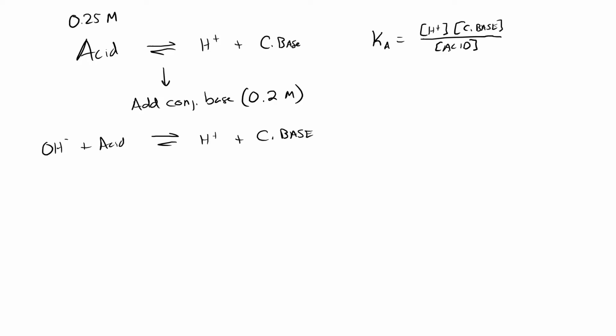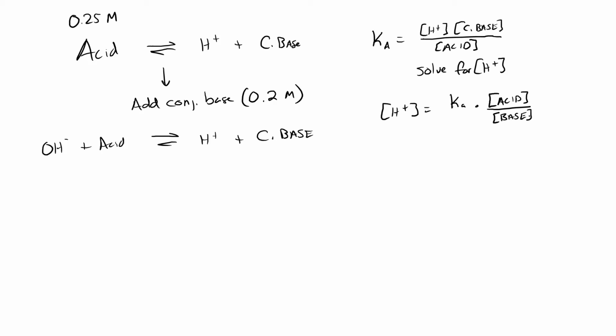So let's take this Ka value and solve it for H plus. Why we're doing that is going to be clear in just a second. I'm going to move the acid and the conjugate base to the other side, and what we get is the concentration of H plus equals Ka times the concentration of acid divided by the concentration of the conjugate base.